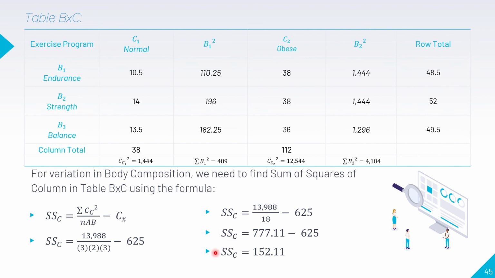This 1, 2, 3. So now 13,988 divided by 18, we have 777.11 minus 625, and our SSC now is 152.11.